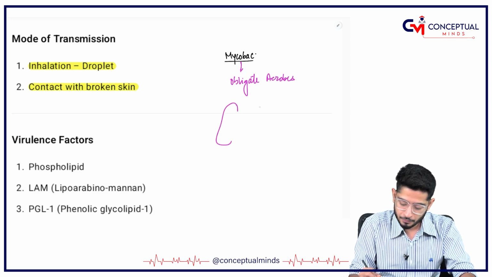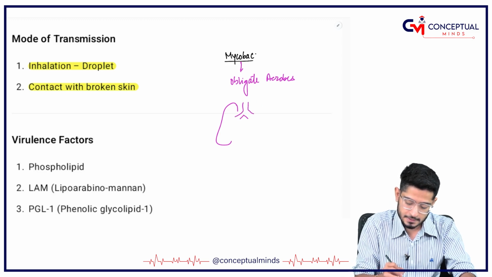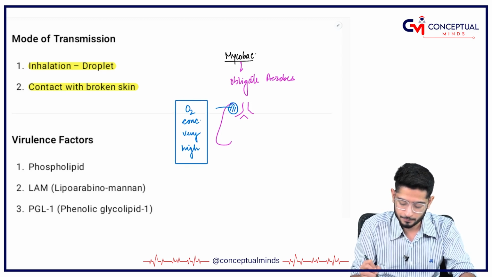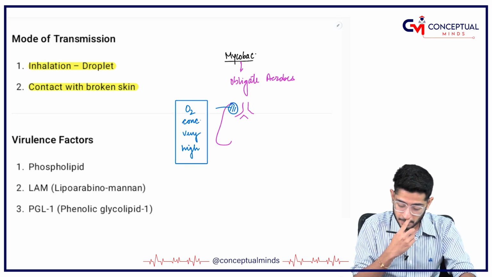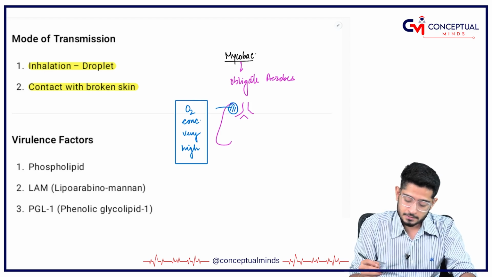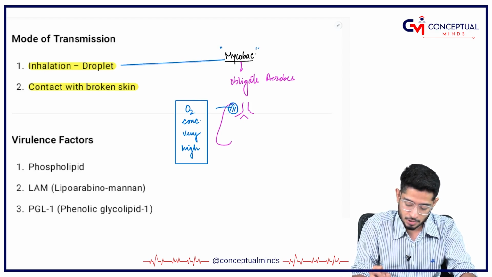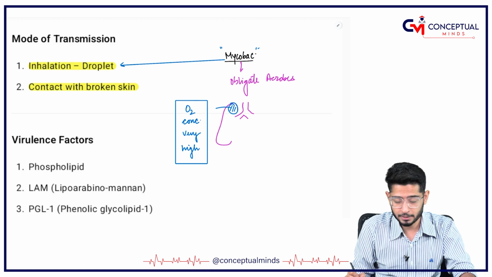That is why in tuberculosis infection, tuberculosis loves to stay in the apex of the lung, because the oxygen concentration is very high there. Got it? Good. So remember why I told you all this? Because mycobacteria also love oxygen. So it also spreads with the air, that is the inhalational route, the droplet infection.